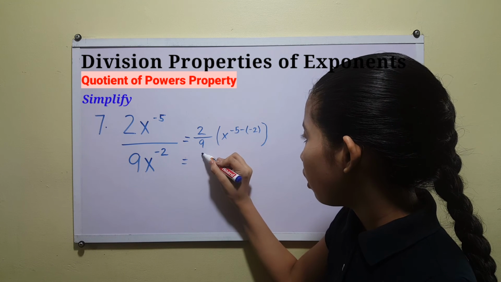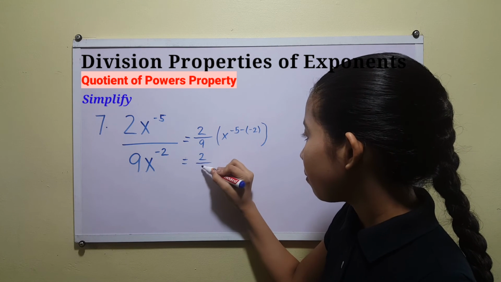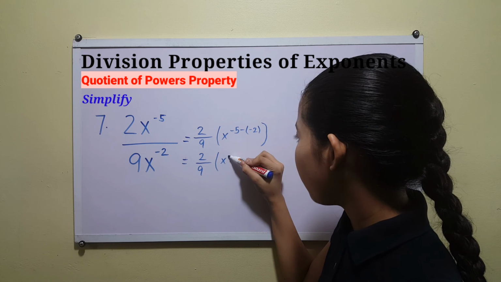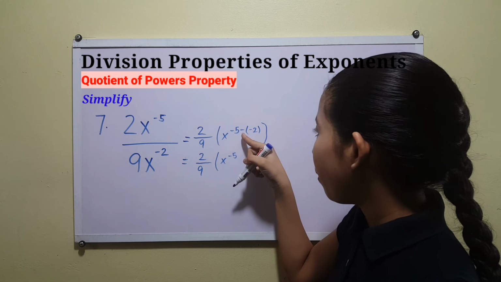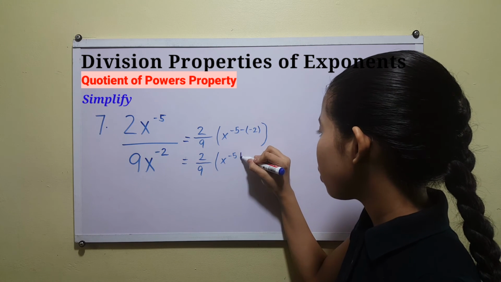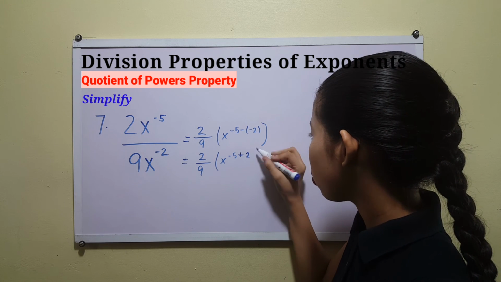Then we have 2/9 times x to the power of negative 5. Remember that negative times negative is positive. So we have negative 5 plus 2.